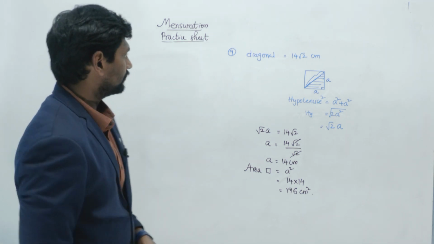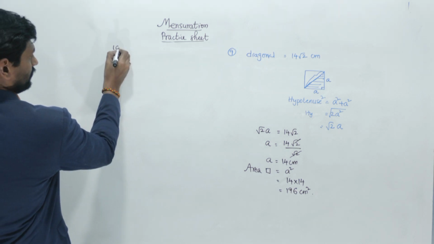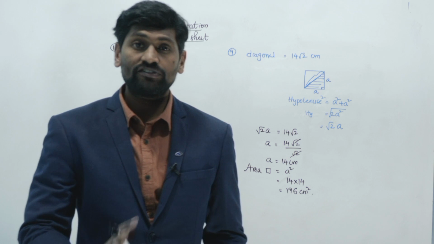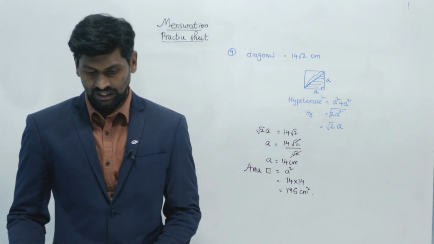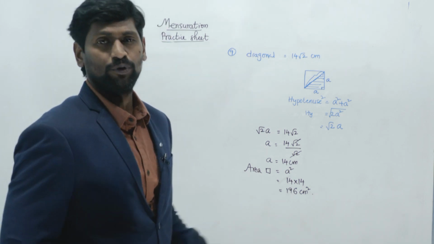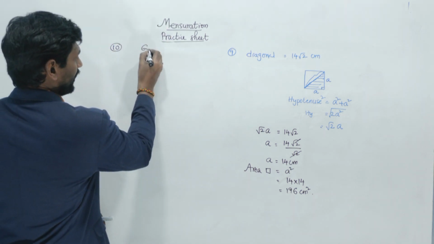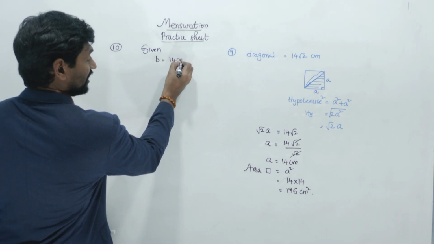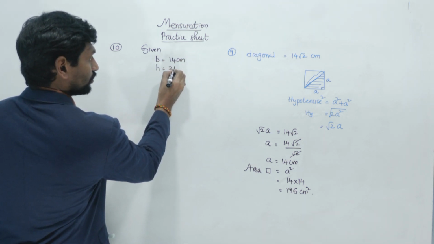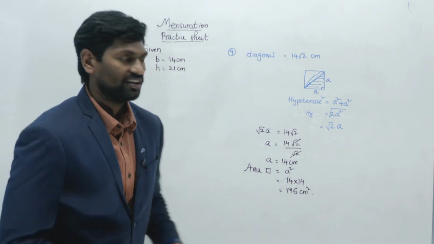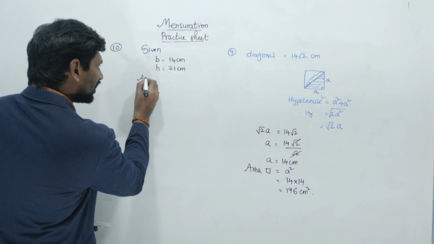Problem number 10. While you are observing this one, the base of the triangle is 14 centimeters and the height is 21. Base and height are both given. So base equals 14 centimeters, height equals 21 centimeters. We need to find the area of the triangle. What is the area of triangle formula?